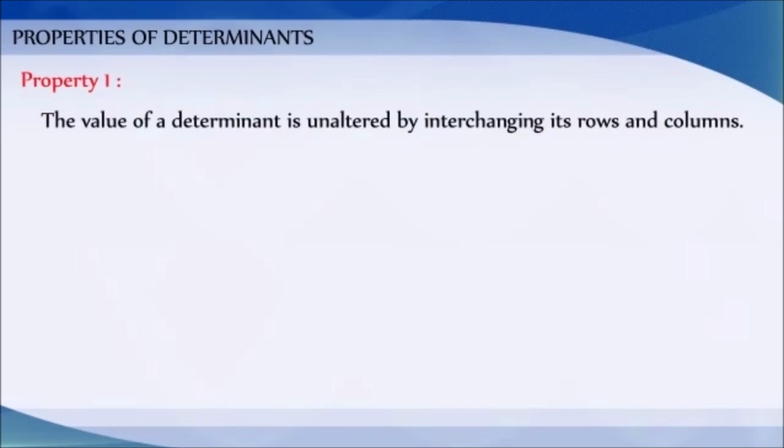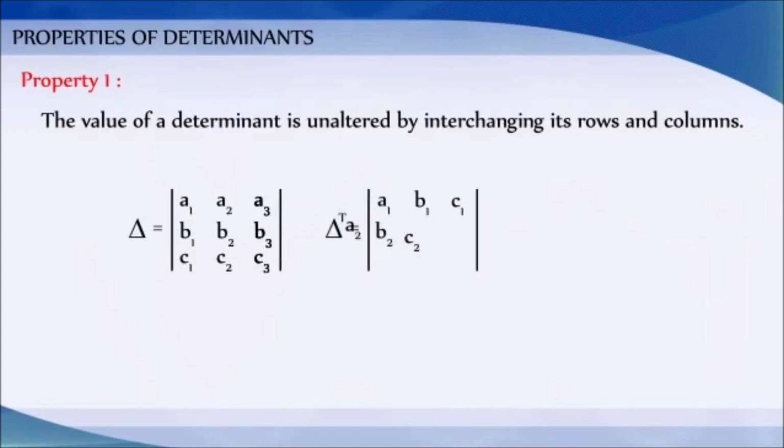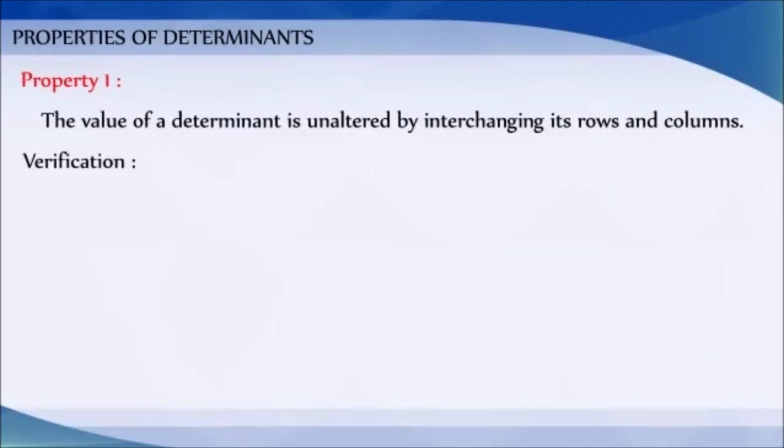Properties of determinants. Property 1. The value of the determinant remains unchanged if its rows and columns are interchanged. Verification. Let delta be equal to the determinant A1, A2, A3, B1, B2, B3, C1, C2, C3.